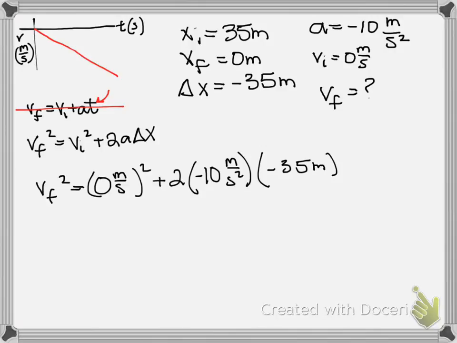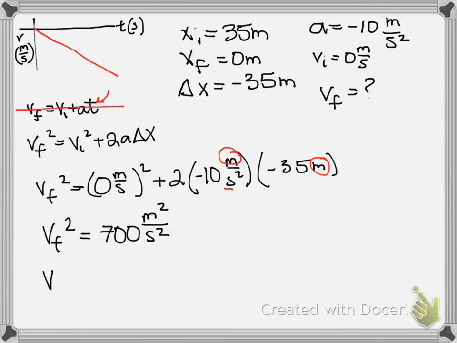And if we look at this, when we multiply our meters by our meters, we'll end up with units of meters squared per second squared. So simplifying this out, what we end up with is v final squared equals, let's see, 700 meters squared per second squared.